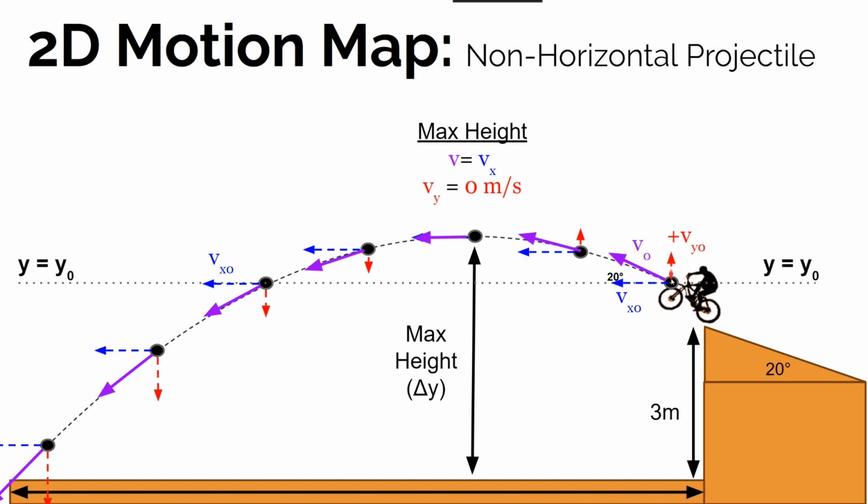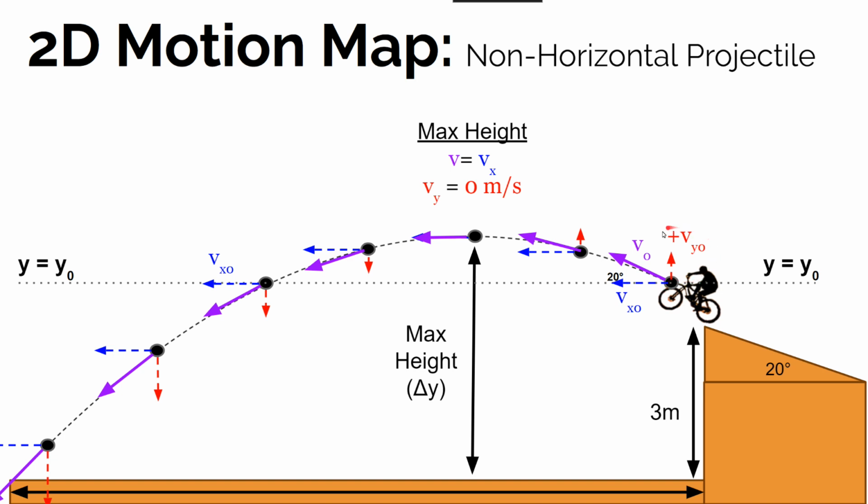By the time it makes it back down to your hand, it's going to be moving at 5 meters per second in the negative direction. Or if you throw it up at 20 meters per second, it's going to go higher, and then gravity's going to accelerate it back down, and it's going to be going at 20 meters per second just in the negative direction.